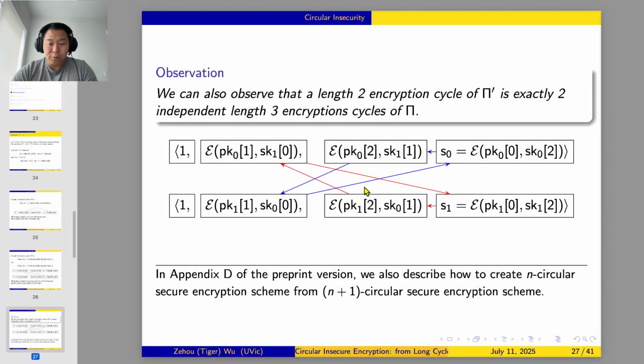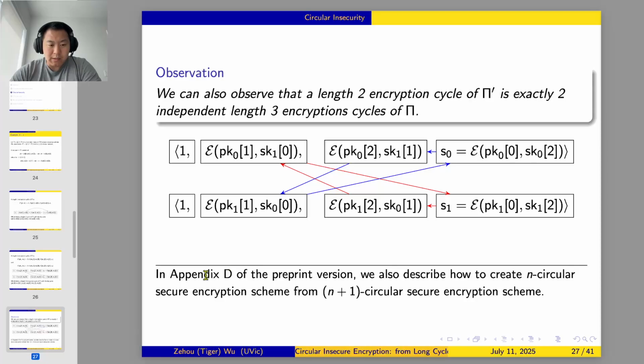But if you follow the blue arrows, we can find a different length 3 encryption cycle where each key is unique. So this blue cycle does not contain any key in the red cycle, and the red cycle does not contain any key in the blue cycle. So these are two independent length 3 encryption cycles of pi.